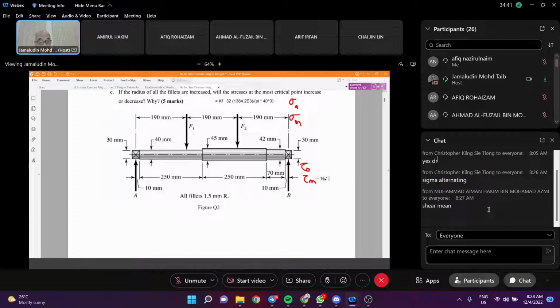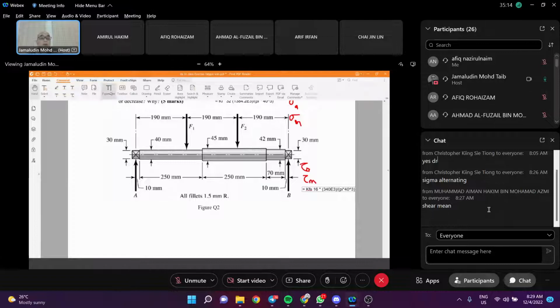Is it right? 340 exponent 3. Okay, sorry, forgot the KF. I just put it down here at the bottom because there's not enough space. They call it KFS because it's going to be in shear. Normally we have the notation of S there. All right, exponent 3 divided by pi times 40 to the power of 3. Right, that will be it, all right, then the alternating one equal to 0.